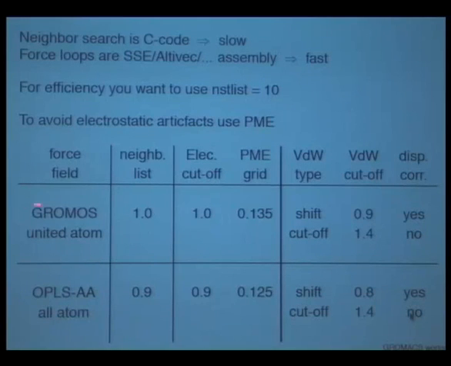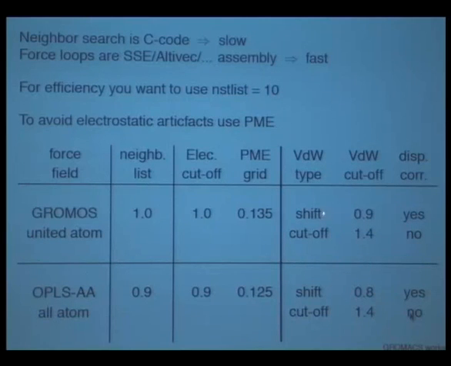If we consider the Gromacs force field, which is united atoms, so it doesn't have so many atoms per volume compared to an all-atom force field, I would say you should take a cutoff of 1 nanometer for the neighbor list, also for the electrostatics, and then a PME grid spacing of this.